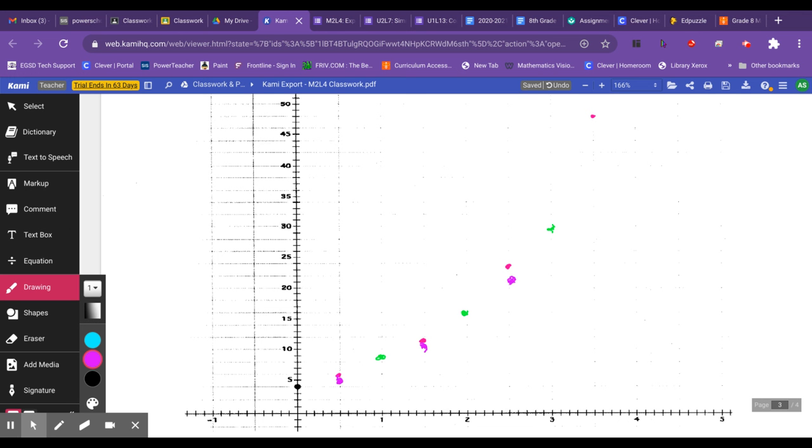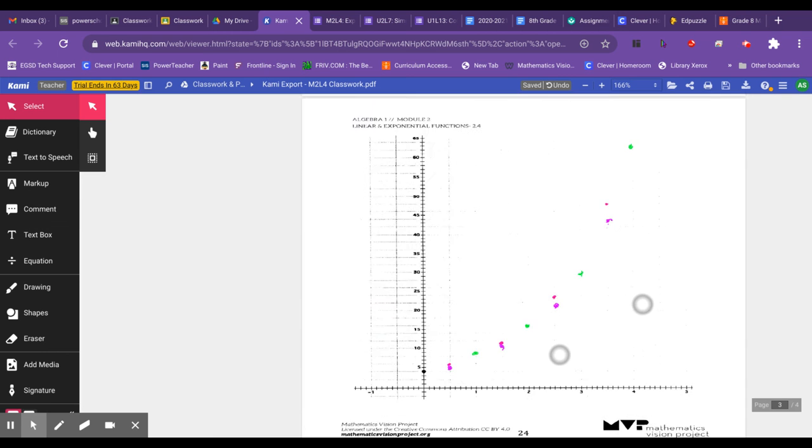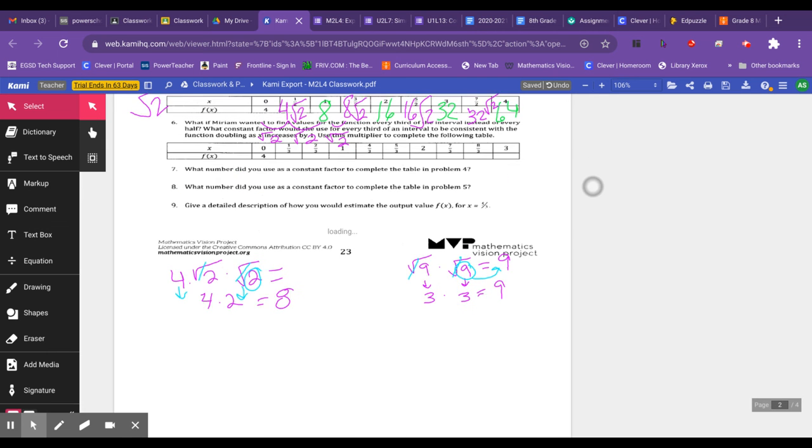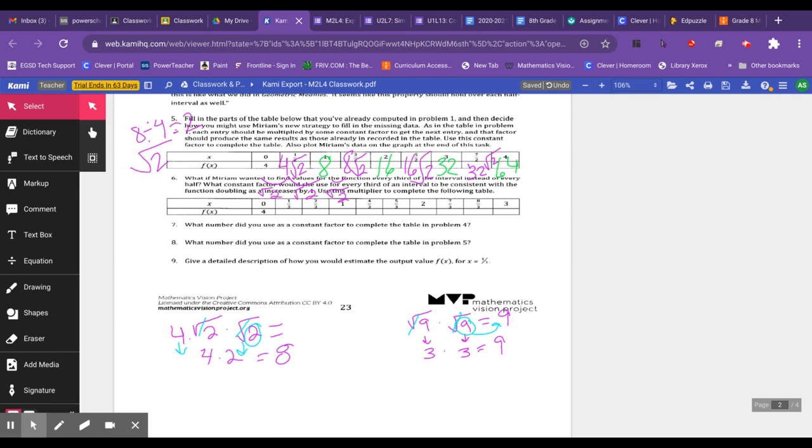And then square root of 2 times 32. It's about 45. So I jump over here, 45 on this line, there we go. That's about right. So I'm going to zoom out again. Notice how my purple and green seem to be lining up better than my pink and green. So those seem to match better. All right, let's come back up here and see what this second part is saying.